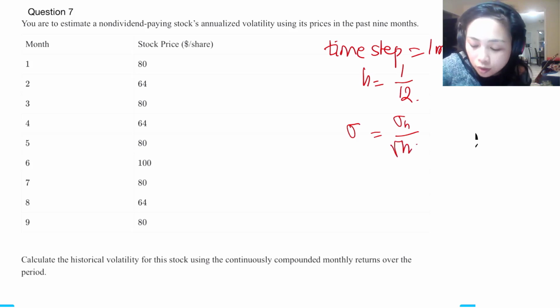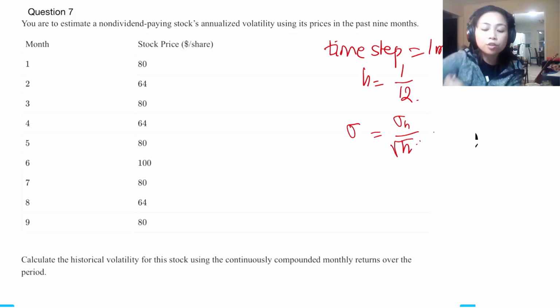These are stock prices, but not the rate of return. To find the rate of return, we use the formula R t equal to natural log of S of t over S of t minus 1. So we first have to find the rates of return.